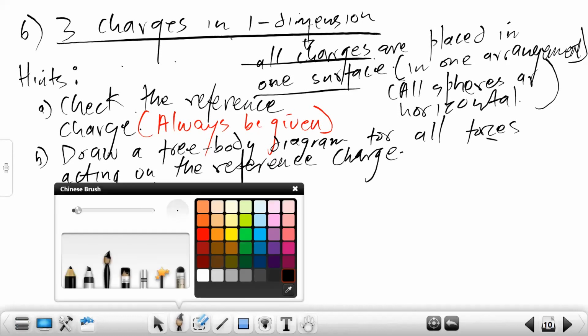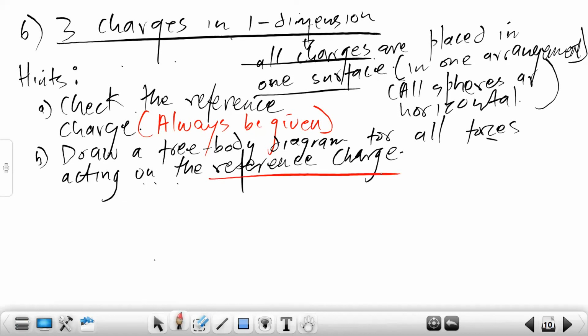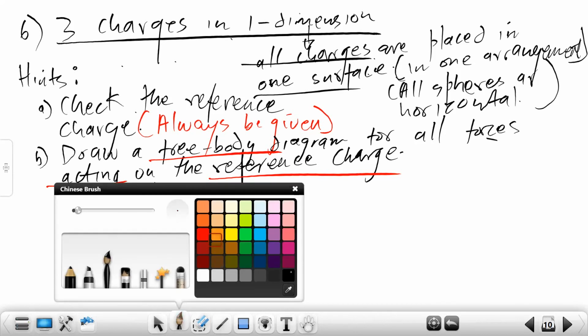This is very key. Of all the forces acting on the reference charge. So where is the reference charge? We said the reference charge is the question. It is the one that I will be working with. The examiner should tell me exactly what I need to work with. If it's not giving me anything, then it will be impossible for me to know what I am working with.